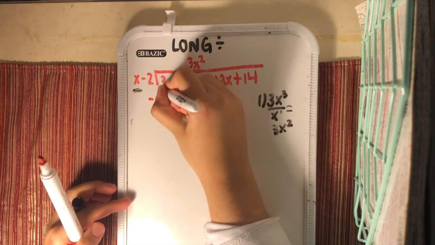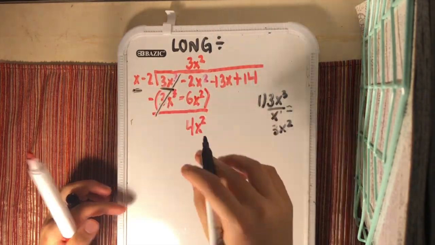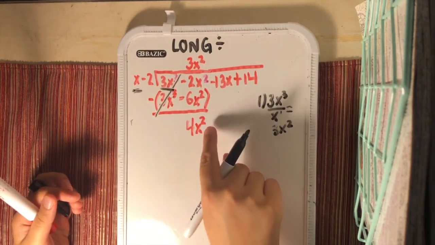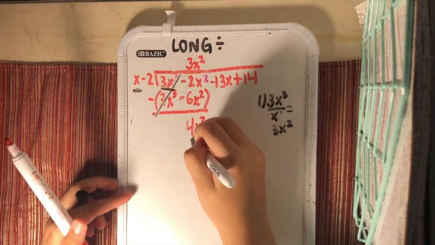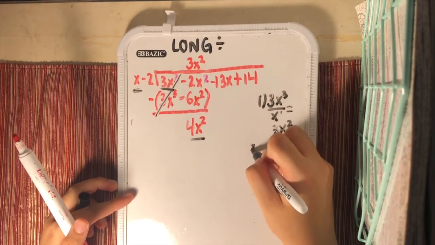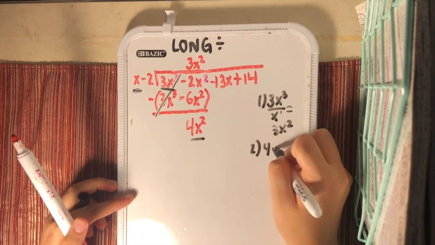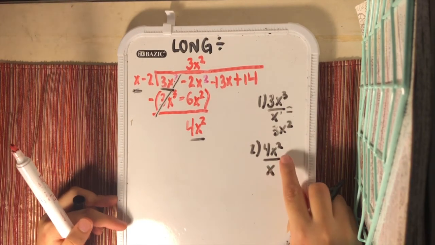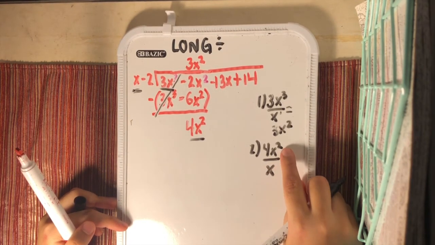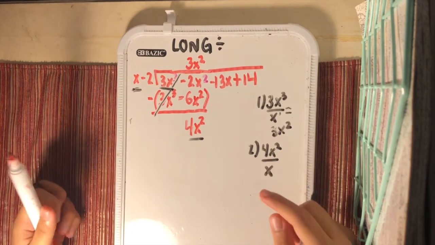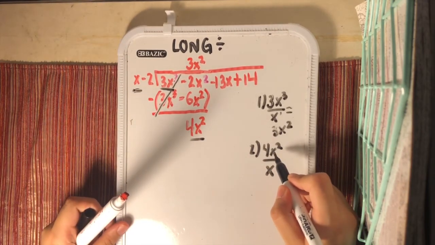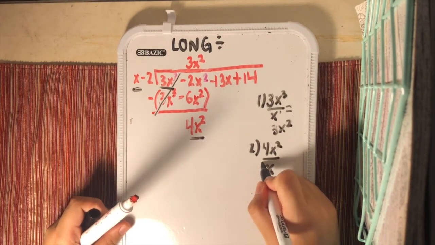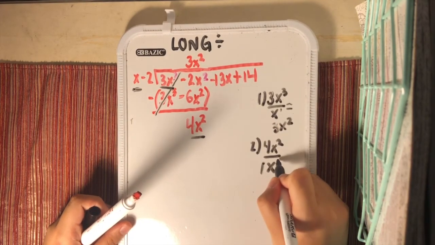So this was the first term we used. Every time, you're going to divide the first term over here into the first term that's over here. So I'm going to now do number 2, which is 4x squared divided by x. Like I mentioned, we're going to subtract these exponents according to the rules of exponents. So 4x squared divided by x, there's a 1 right there, and there's also a 1 right here.